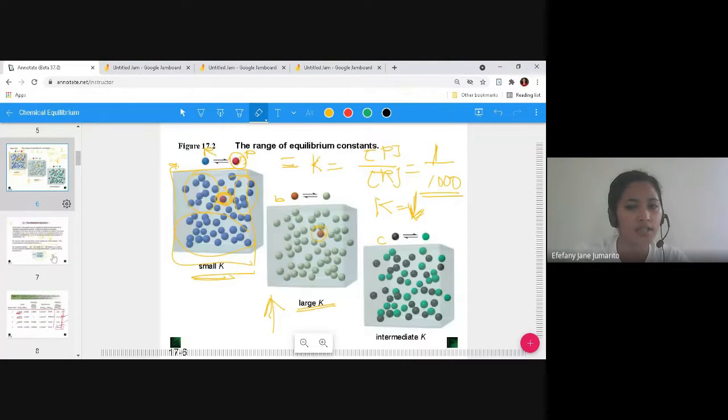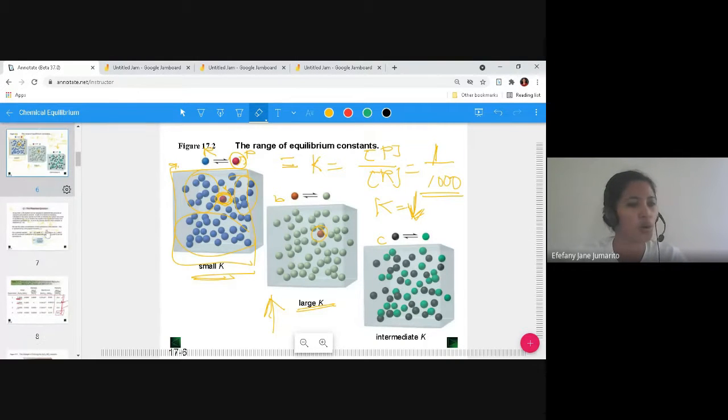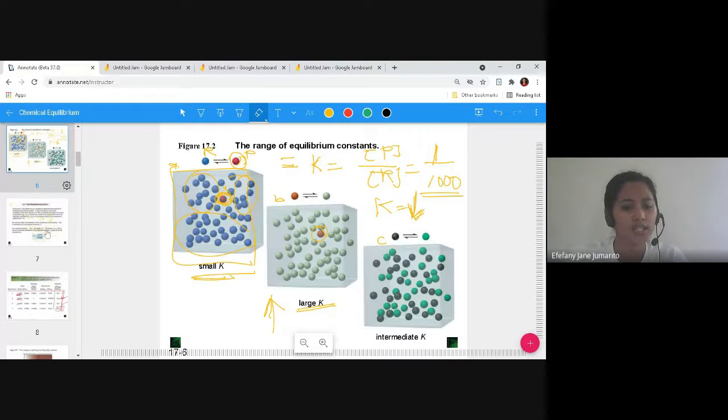Then we have that K. When we compare QC and KC: when QC is less than KC, or greater than KC, or equal, then it's at equilibrium when it's equal. So take note of that. So that you don't struggle to memorize whether QC or KC is less than or greater, use the graph, the bar line.